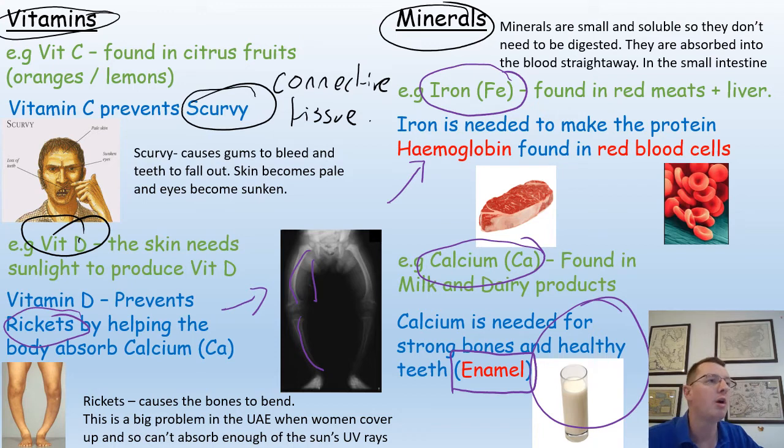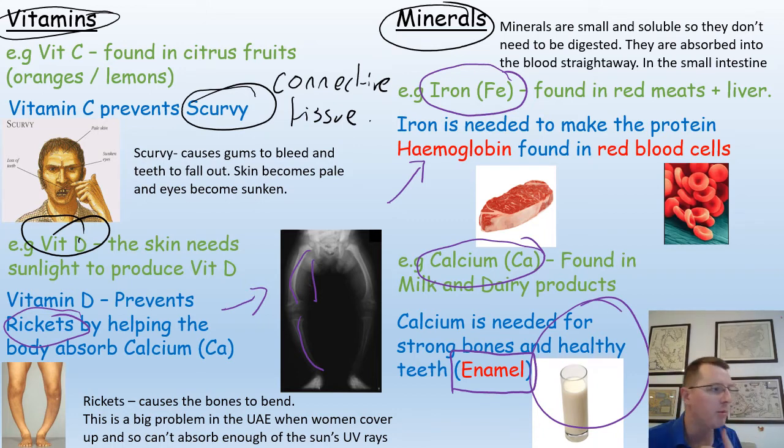Without enough hemoglobin, you'll have a disease called anemia, where you can't make enough red blood cells, you can't carry enough oxygen, so you can't do enough respiration in your cells, so you're not producing enough energy. One of the main symptoms of anemia is that you feel tired all the time. So iron is very important for producing hemoglobin and red blood cells.